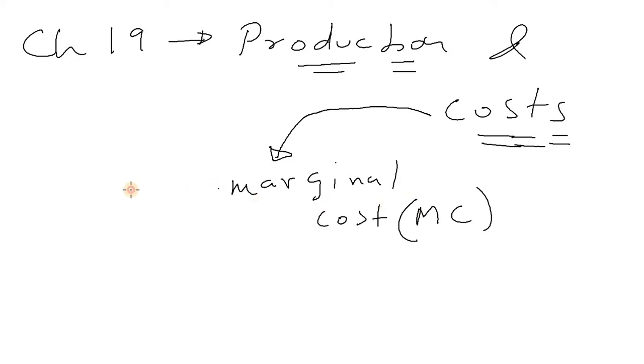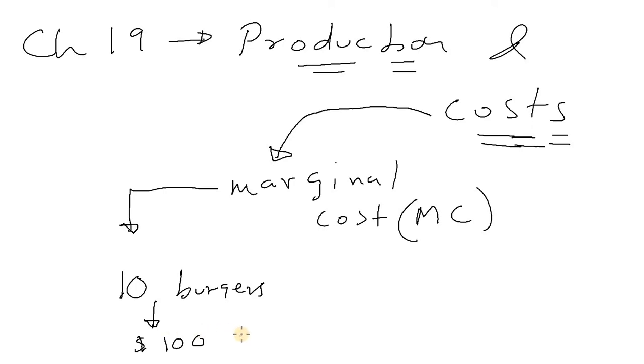So let's try to understand this with another simple example. This is a different example just to help you understand and refresh this idea. Let's say when we are producing 10 burgers, the total cost that we incur is, let's say, $100. So to make 10 burgers, we are incurring a total cost of $100.